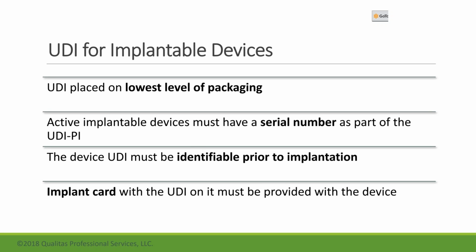A lot of the time this is handled with an implant card that is provided with the UDI on it along with the device, because then that implant card can be scanned and go into your electronic health record, as well as given to the patient so that they have the UDI information with them. But remember, UDI for purpose is different from direct marking. Direct marking is a subset of UDI.